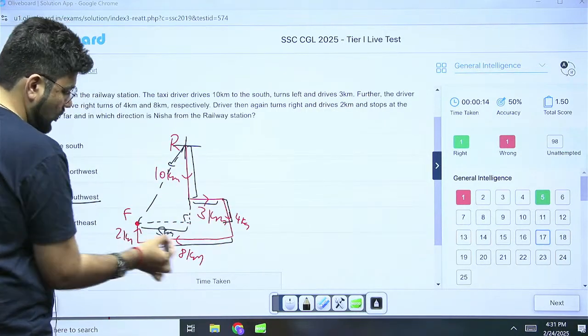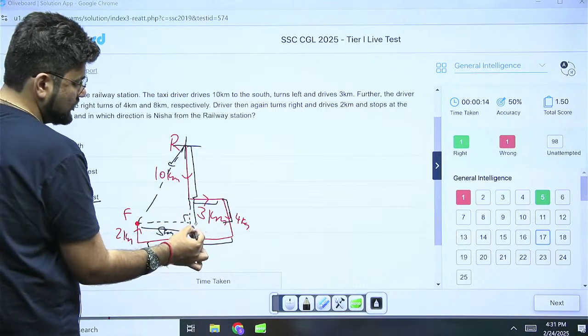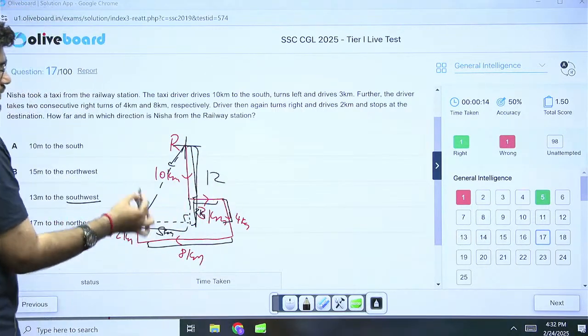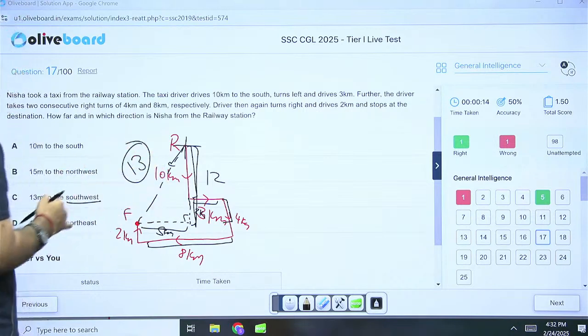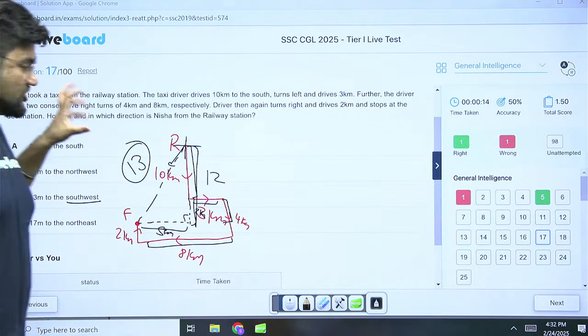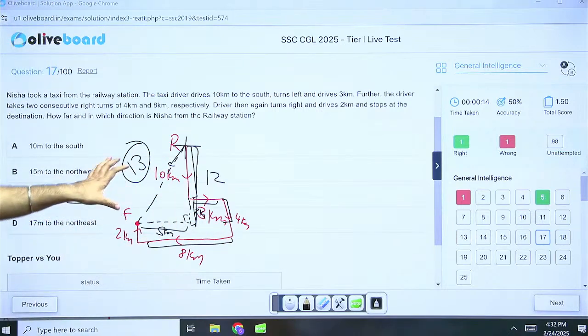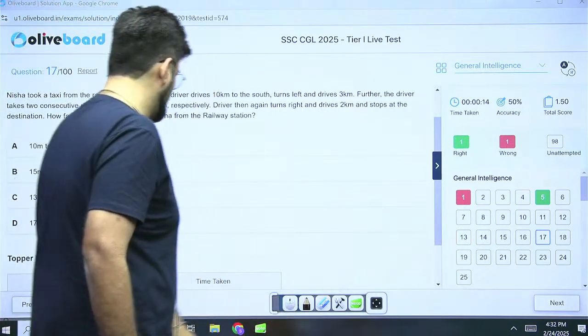Reduce, you will get 2 here. So this whole becomes 12 and 5, 12 by Pythagorean triplets, this is 13. But checking this in the examination is going to take more time. So rather than that, just check the direction and get your answer. 13 kilometers to the southwest. Option C is the correct answer.